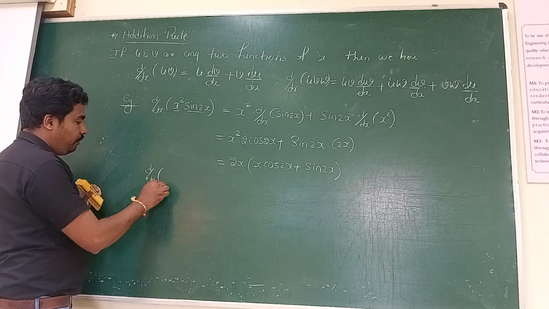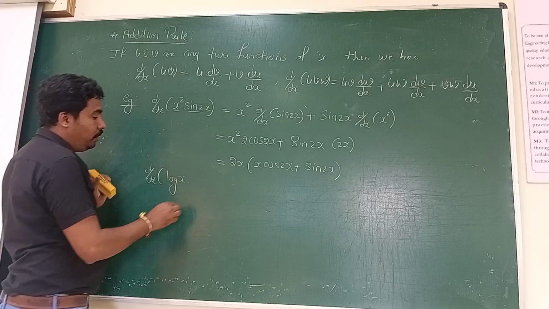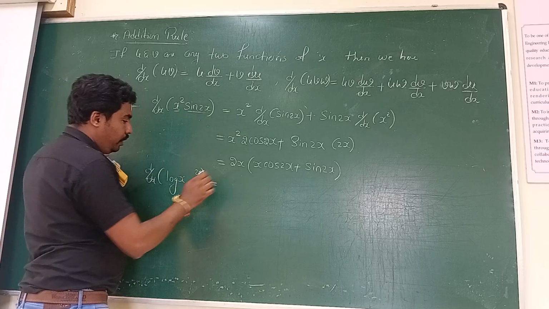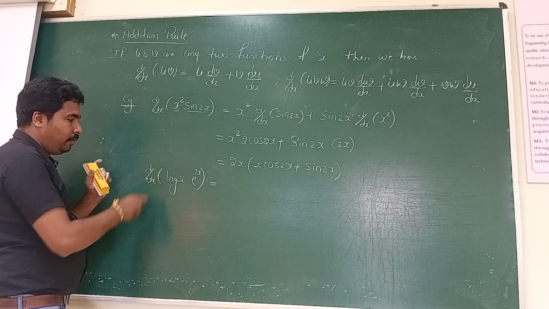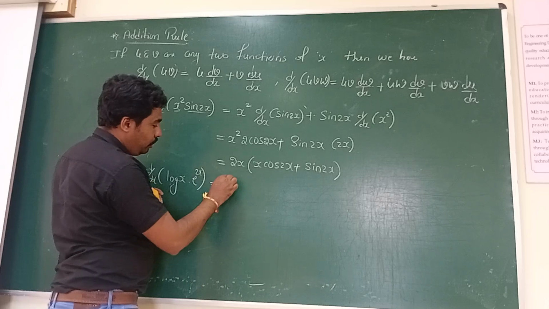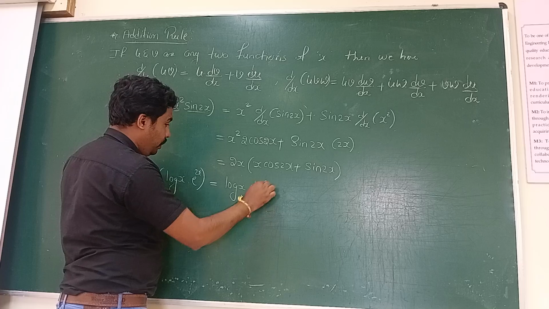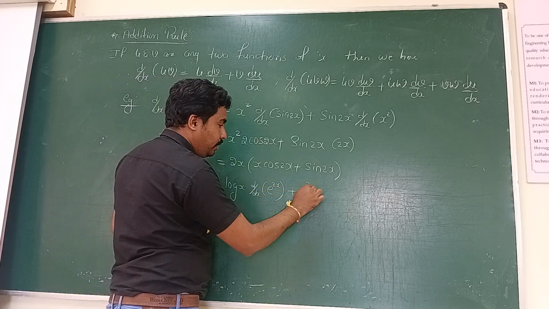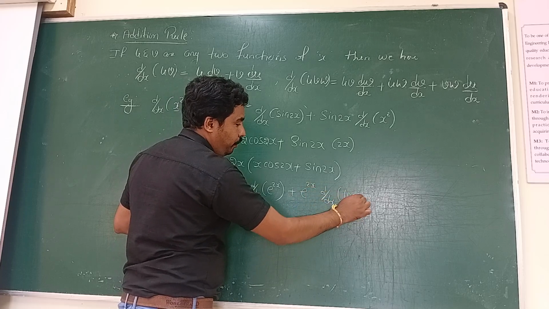d/dx of log x times e^(2x). Now you see here again, any two functions of x, the product is here, so we have to operate the product rule. That is log x as it is, differentiation of e^(2x), plus e^(2x) as it is, differentiation of log x.